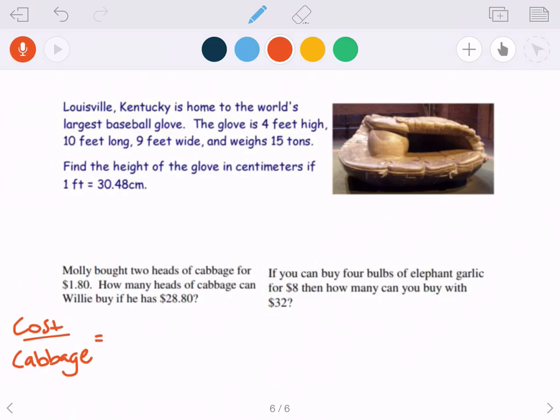So, Molly bought $1.80 and she got 2 heads of cabbage. So Willie has $28.80, and we want to know how many heads of cabbage will that get him. So I got cost over cabbage, and I was consistent through both sides of that proportion.